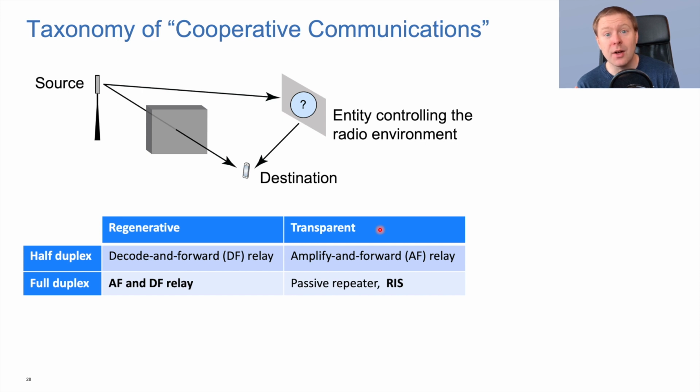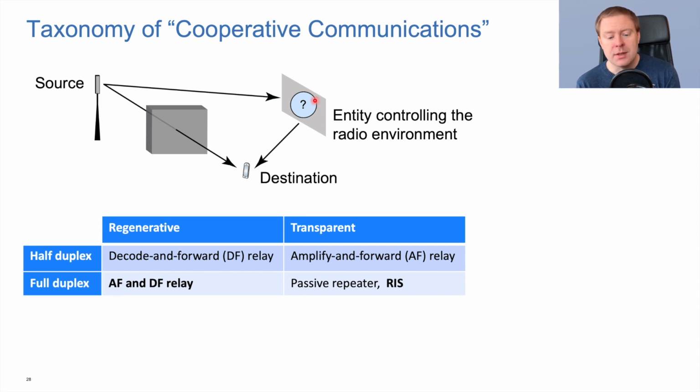It's just changing how the signal is propagating. One can also talk about half duplex equipment, which transmits and receives at different times, and full duplex equipment that transmits and receives at the same time.